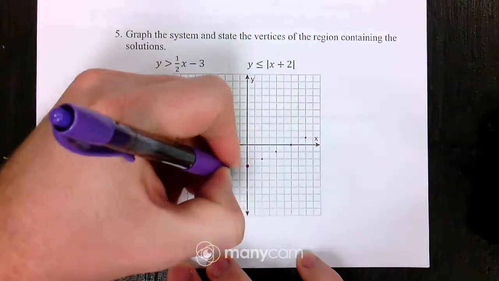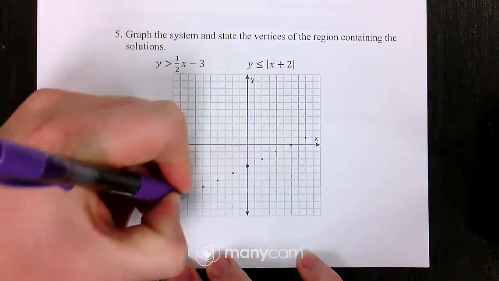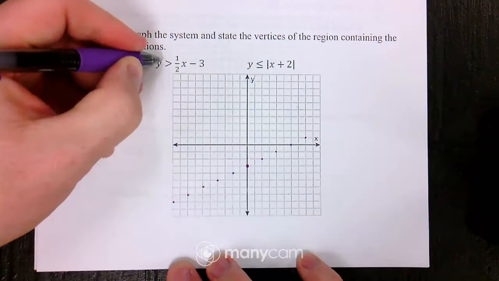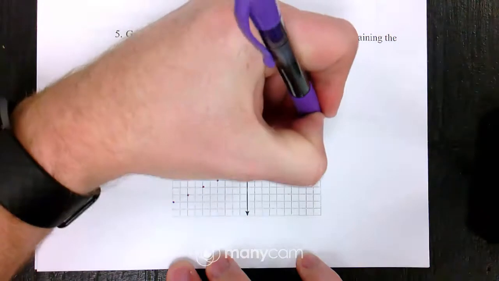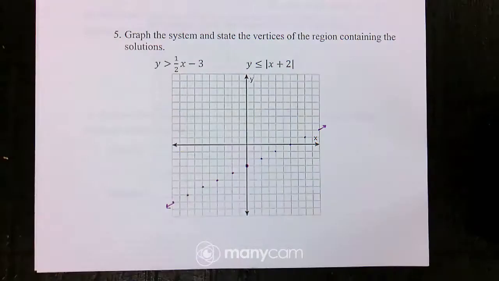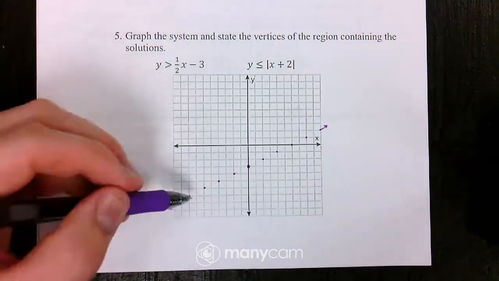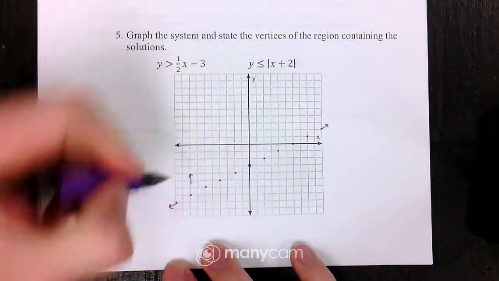You can also go down 1, back 2. Since it's greater than, we draw the arrows at the end, because it's a dotted line. And am I going to fill the top or the bottom? It's greater than, right? So y is greater than this line, so it has to be above the line.